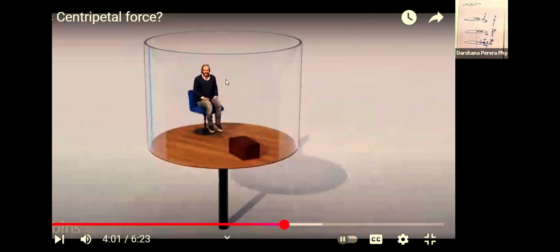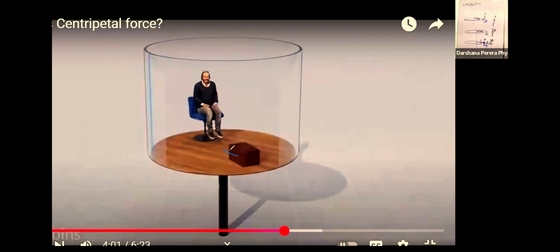When the man is sitting inside the rotating disc, he can see what the forces are. He can see the friction force acting because he can watch the object in a still, rest position. Therefore, if there is a force, why does it not travel to the man? Therefore, we can simply say there is a force acting outward from the center.